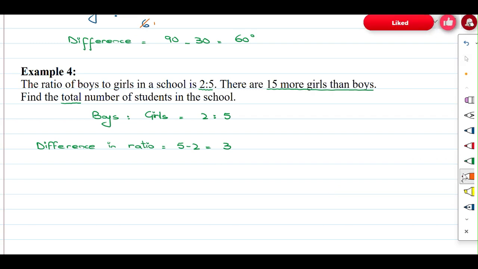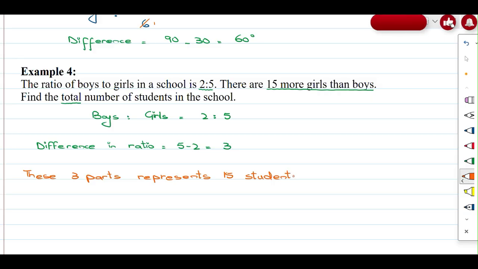Here we can say these 3 parts represent 15 students, because it is given in the question that there are 15 more girls than boys.